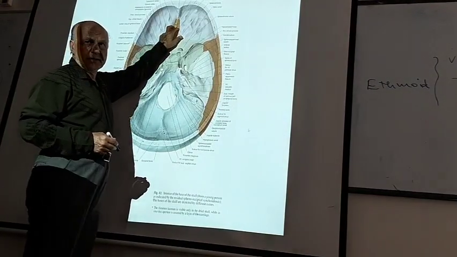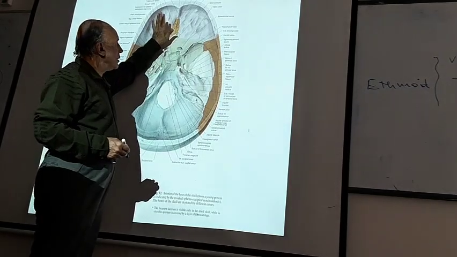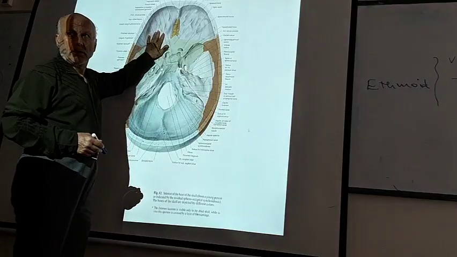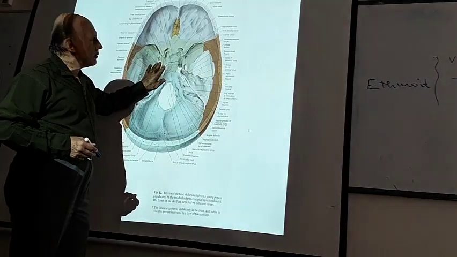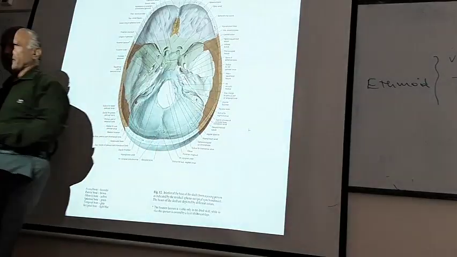Here is roof of the nose and floor of the cranium. This is transverse plate or cribriform plate.